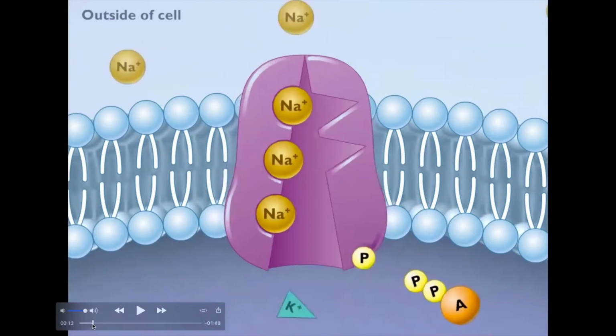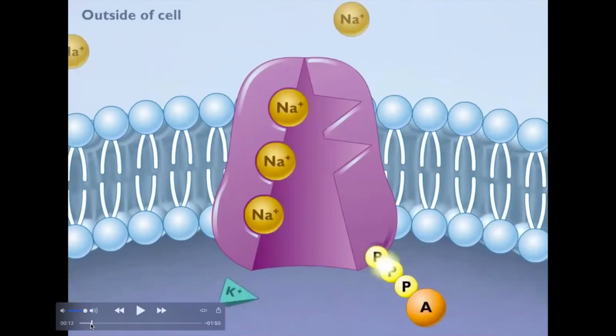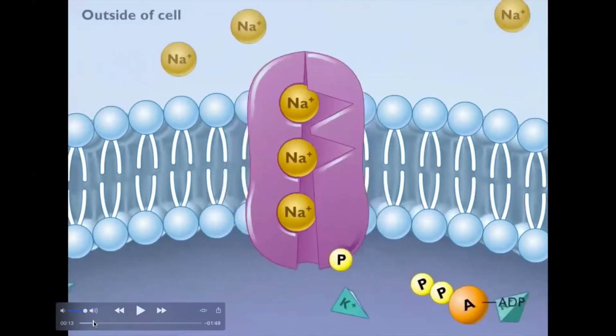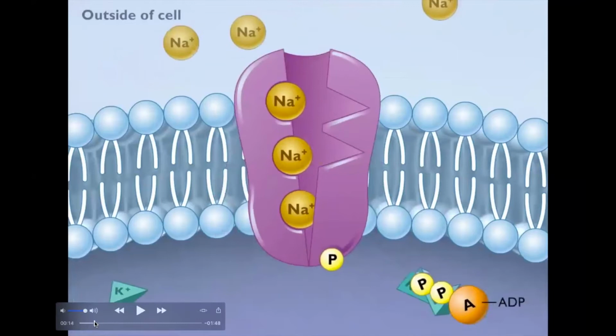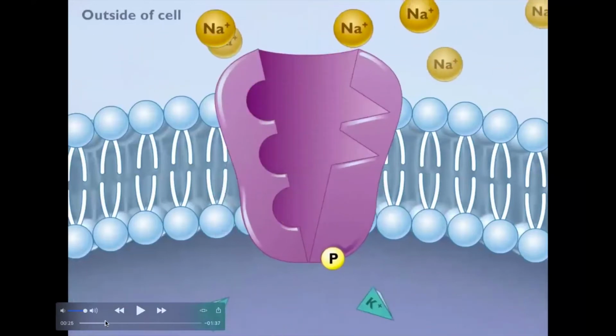And boom. Do you see that little flash of light there? Check that out real quick. And boom. That energy right there is going to transfer into this, change the shape of the protein, which is going to kick the sodium out. So all the sodiums wanted to get in, and we just used our energy to kick it back out.